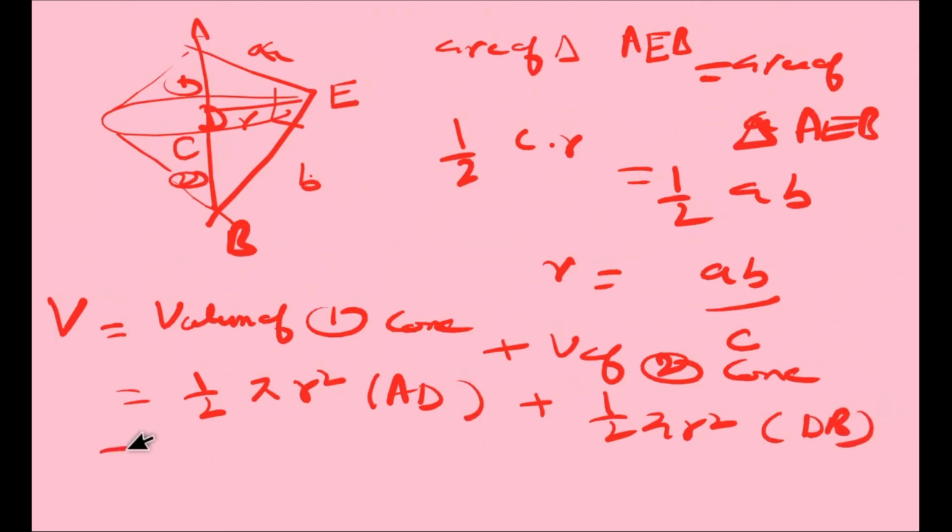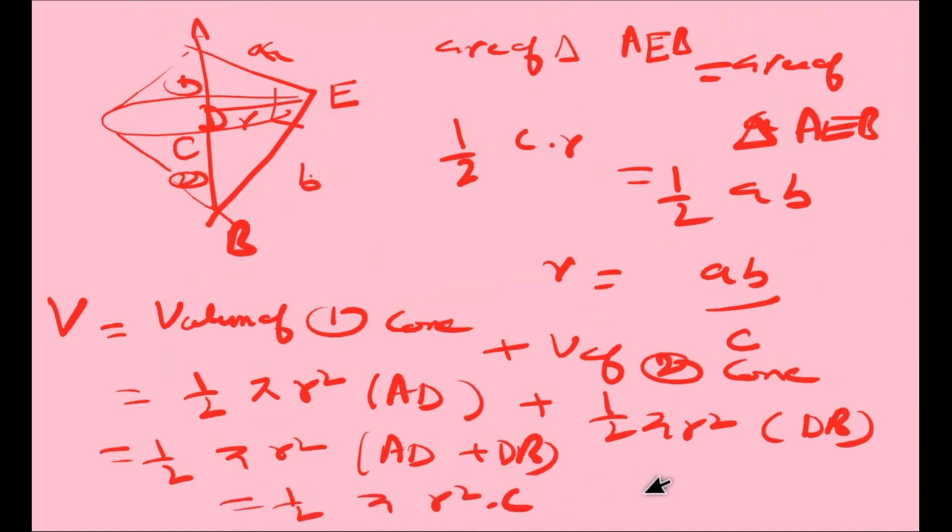Now taking the common factor, 1 by 2 pi r square, we get AD plus DB, which is half pi r square into C. Now using R equals AB upon C, what formula can you generate? Half into pi, this C, and here A square B square upon C squared. So the answer is pi A square B square upon C. So using this formula directly, you can find the volume of this double cone. Okay.